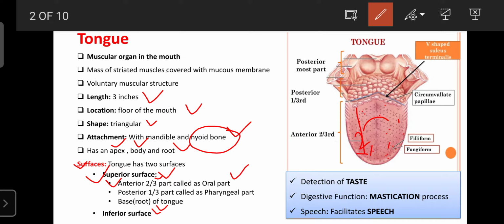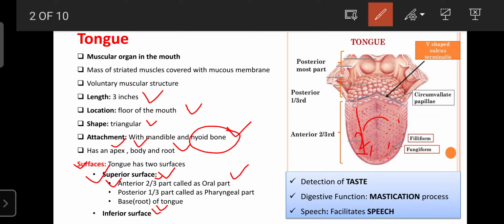Due to the presence of papillae along with taste buds, this oral part is involved in the detection of taste. It is also helpful for mastication and for mixing the food with the digestive juice secreted in the oral cavity. In the oral cavity, mainly saliva is secreted, which contains various enzymes. Those enzymes are helpful for the digestion of food in the oral cavity itself.